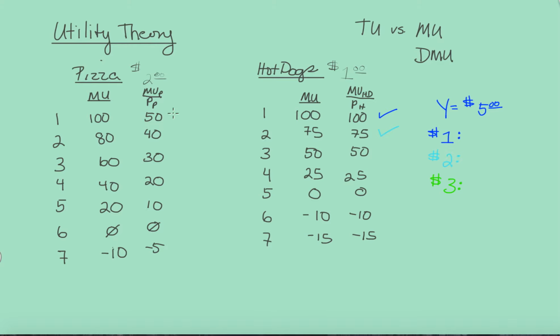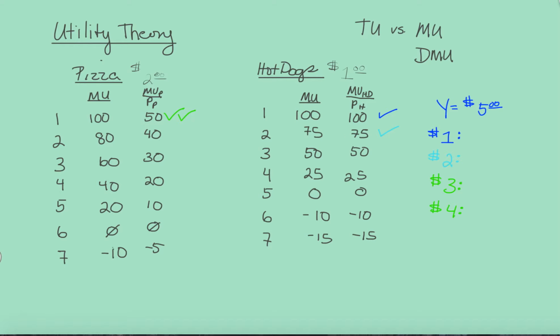So just to switch things up, let's say that when he's spending $2 over here, the third and the fourth are spent together on pizza, and so he's going to get this twice. Okay, so he has to spend $2 and he's going to get 50 for the first half of a slice and 50 for the second half of a slice.